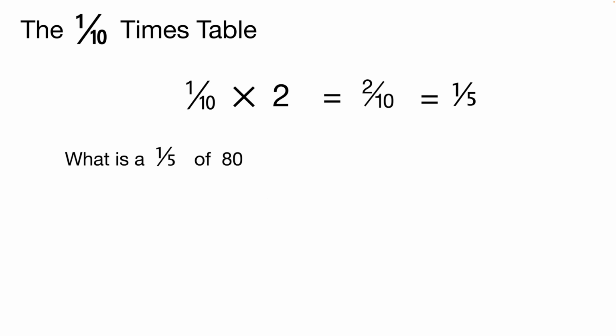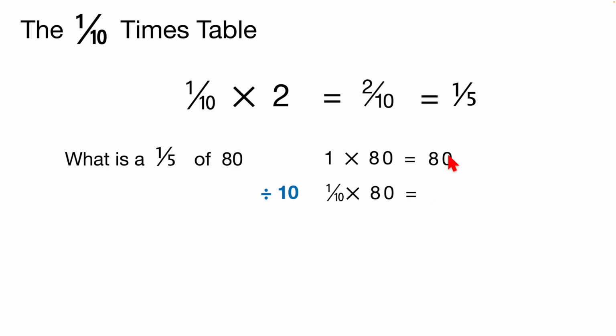The other thing to remember is if you have 2/10, or 2 over 10, that's equal to a fifth, which is brilliant, because now if someone asks me what's a fifth of 80, I can quickly say, well, 1 times 80 is 80. I might not even write that. A tenth of that, divided by 10, will give me a tenth of 80.